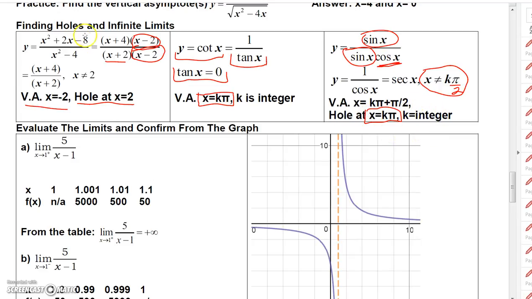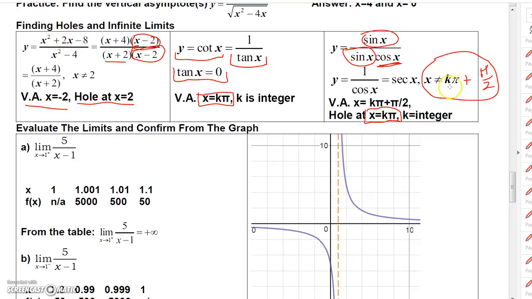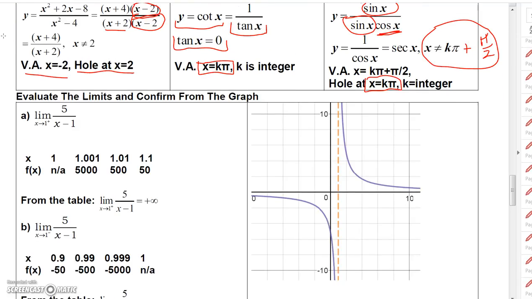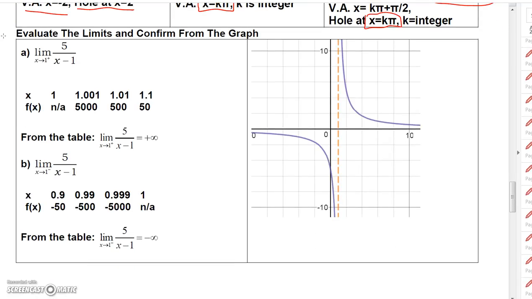Actually, it's any multiple of pi plus pi over 2 that makes the denominator 0 here. So like 0 plus pi over 2, or pi plus pi over 2, or 2 pi plus pi over 2, and so forth. That makes the denominator 0. So you get vertical asymptotes at k pi plus pi over 2.